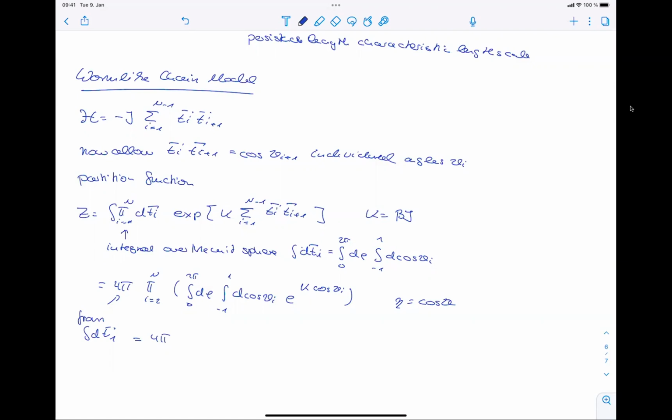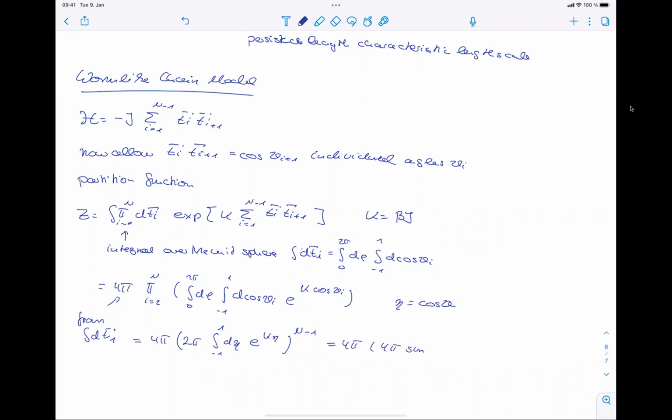We get 2 pi, and of those, because of this integration of the T_1s, integrating them out, we only have n-1 products left. So that's why there's an n-1 here. And now solving the last integral, we arrive. Oh, sorry. We need to expand to make it a sine. Sine h over k.